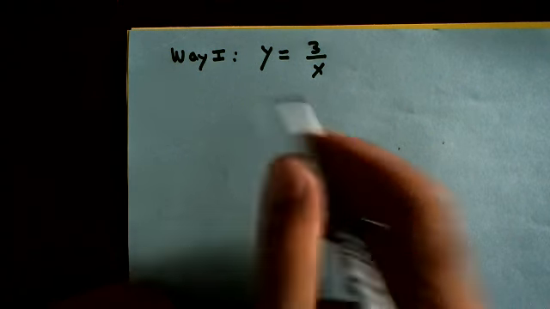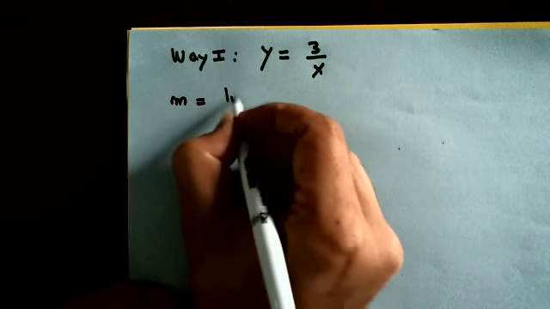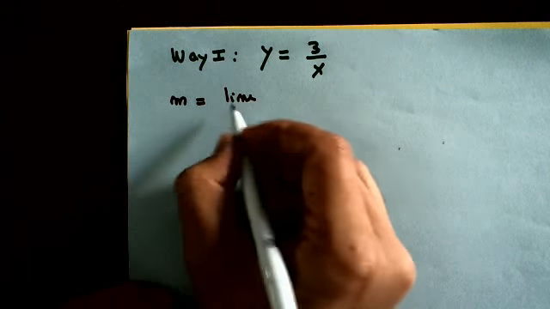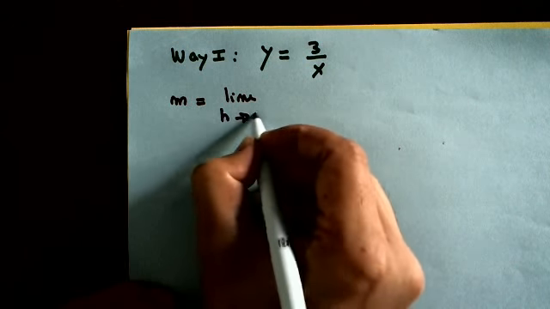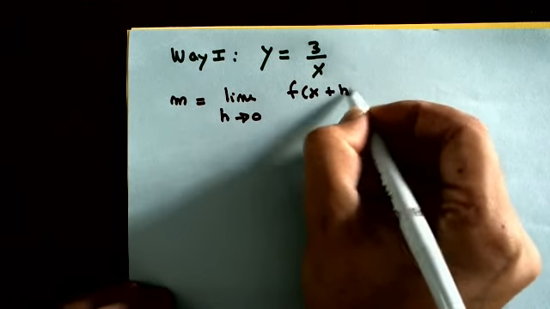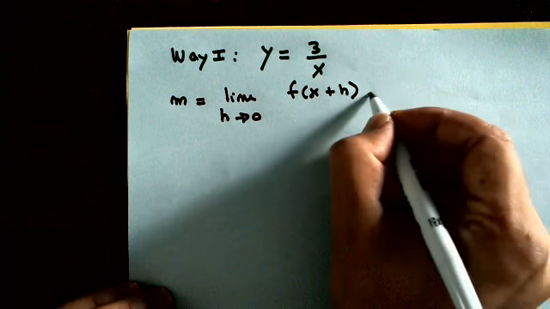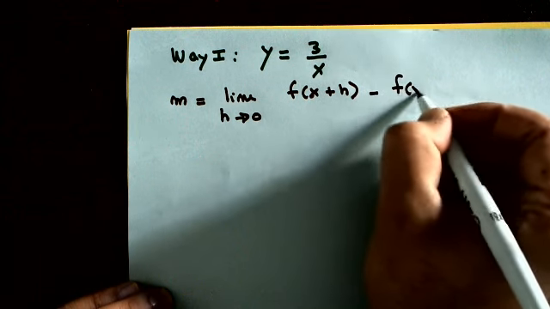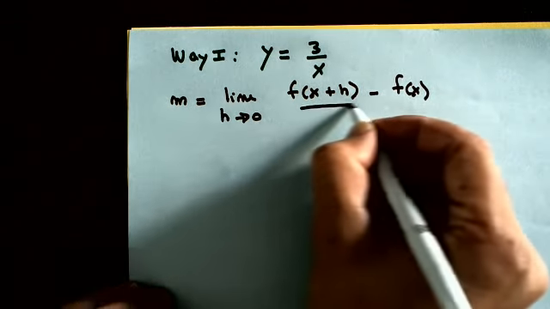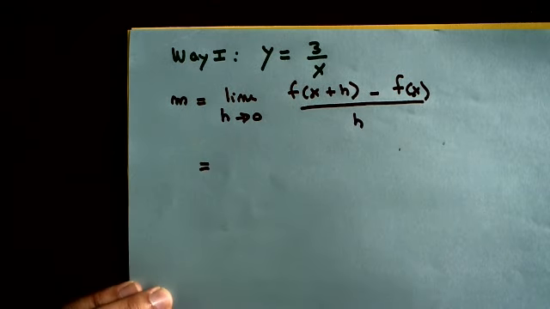So m is the limit as h approaches 0 of f of x plus h minus f of x over h.